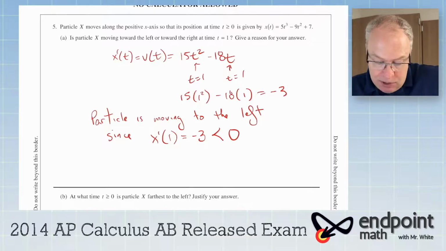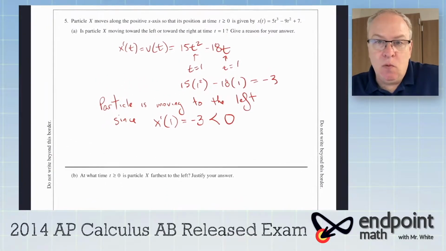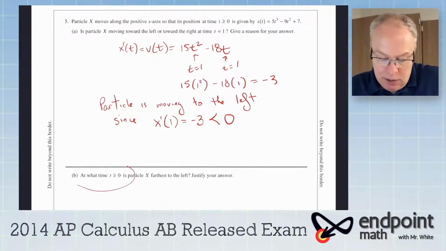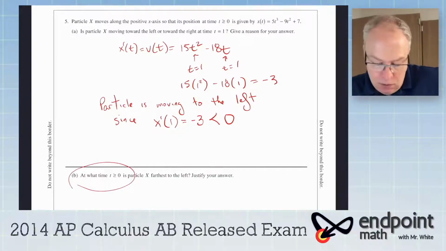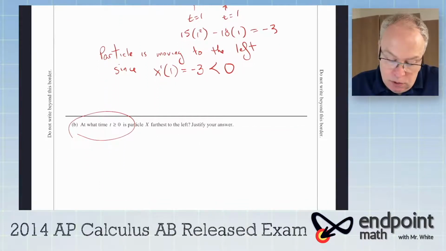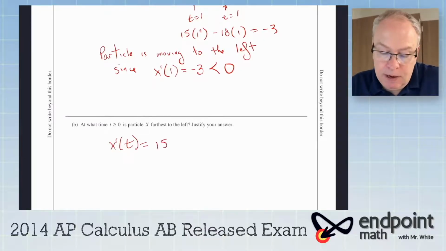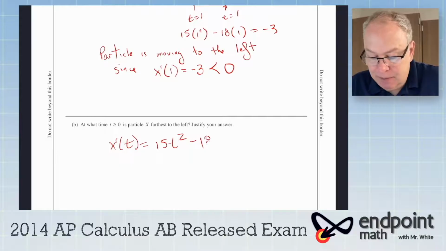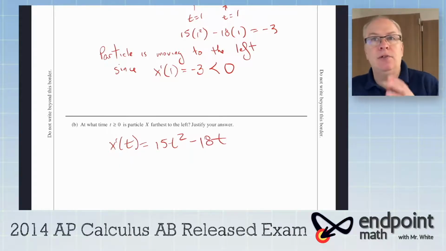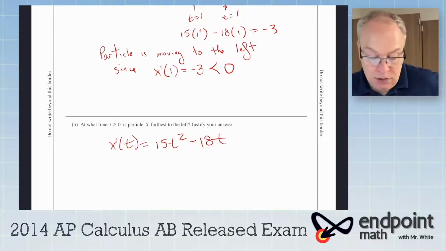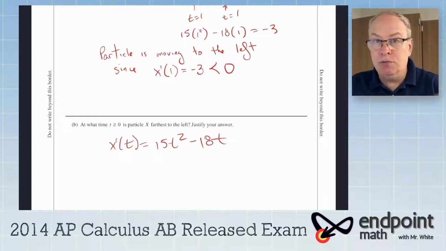All right, let's look at the next question here. At what time t greater than 0 is the particle furthest to the left? So let's take our velocity, our x prime function. It's 15t squared minus 18t. Let's find the critical values, like where it changes sign if it does, and that'll be when it turns around.